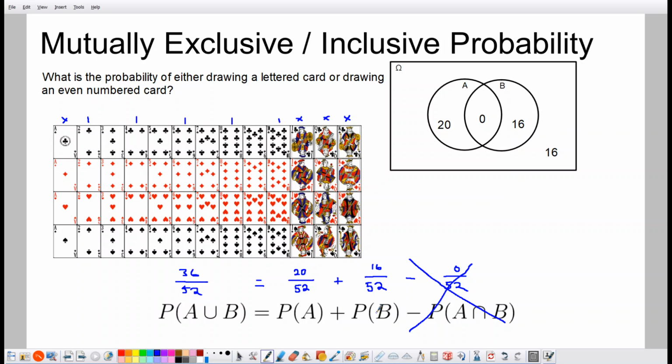We can then determine whether or not A and B are in fact mutually exclusive, whether they can happen simultaneously, just by comparing the sum of the probability of A and the probability of B and seeing if it equals the probability of A or B. If this sum of these two terms is not equal to this other term, the A or B, then I know I have to have been subtracting some corrective term in order to get this one.